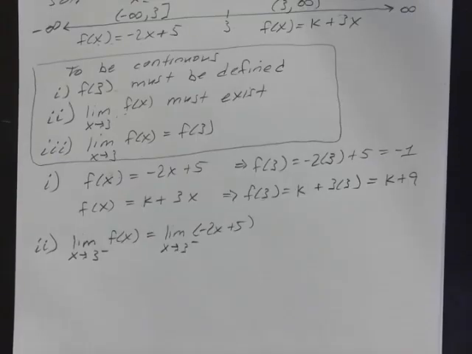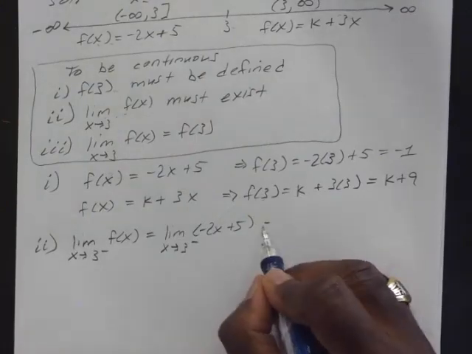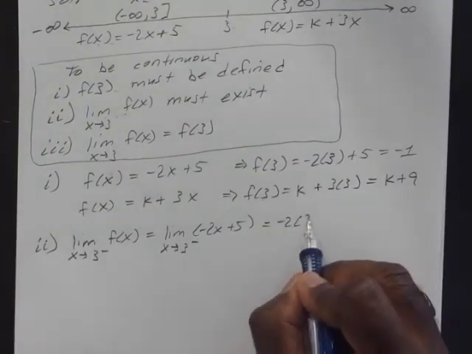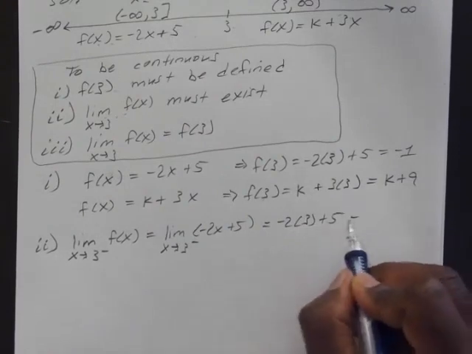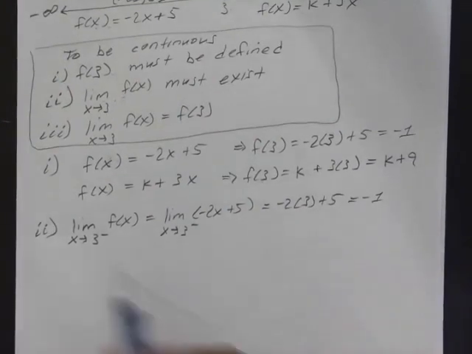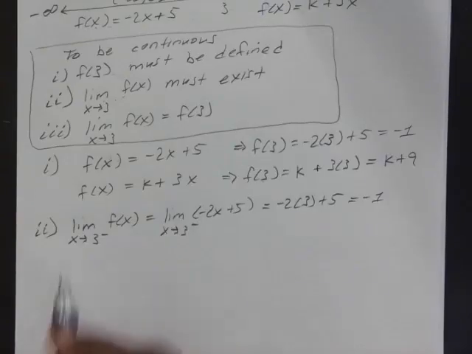And you can skip it because you already did it when you plugged in 3. You did your direct substitution. So that's negative 2 times 3 plus 5, which is still negative 1. Which is why I say you can skip it.